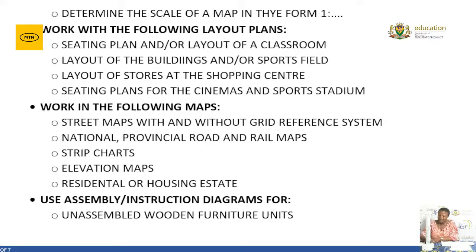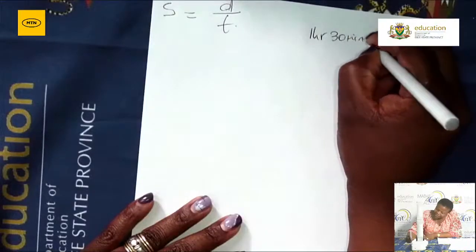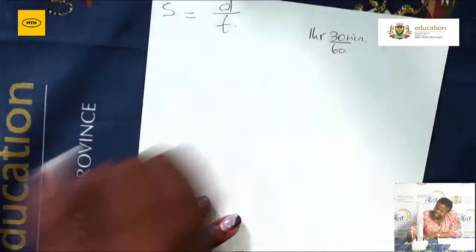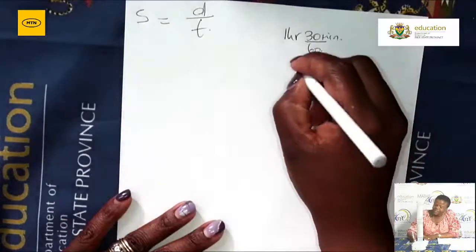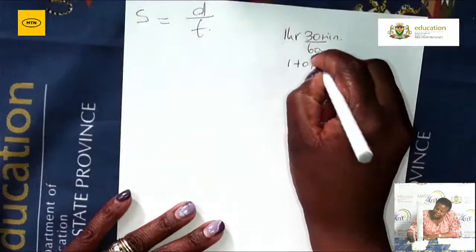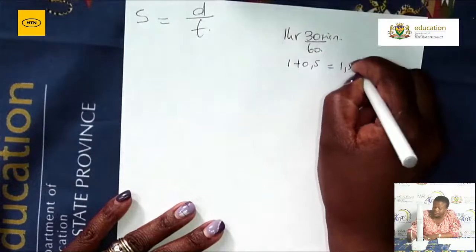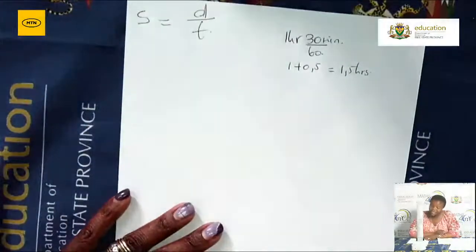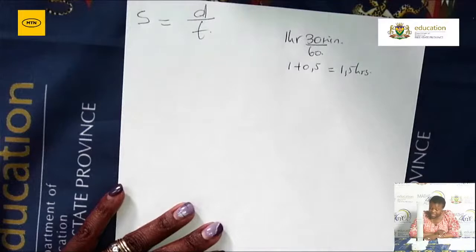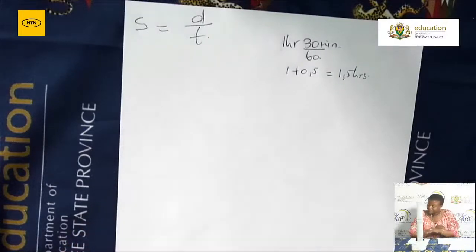Meaning, if it is 1 hour and 30 minutes, you must divide the 30 minutes by 60, and it is going to give you 0.5. And then you add 1 to 0.5. You have 1 plus 0.5, which will give you 1.5 hours. And this 1.5 hours is the one that you can substitute for the time. And then your answer will be in kilometers per hour.